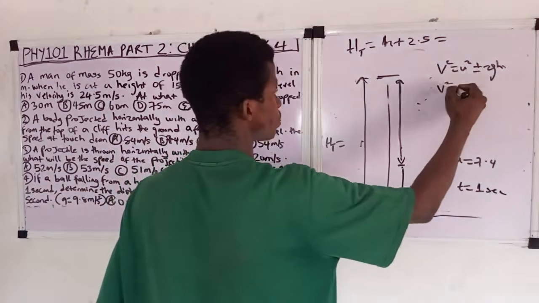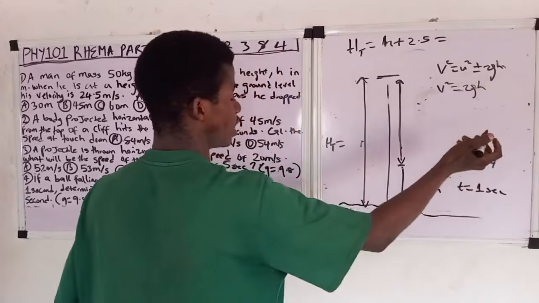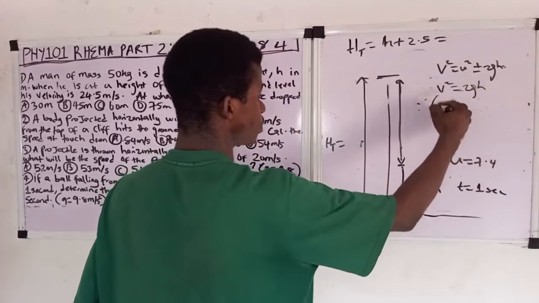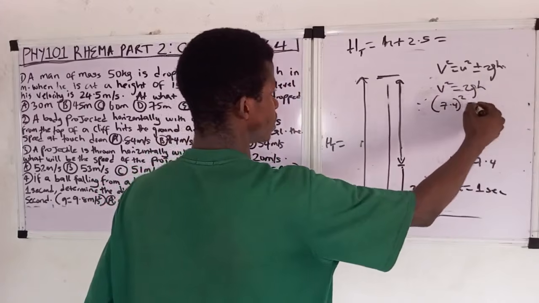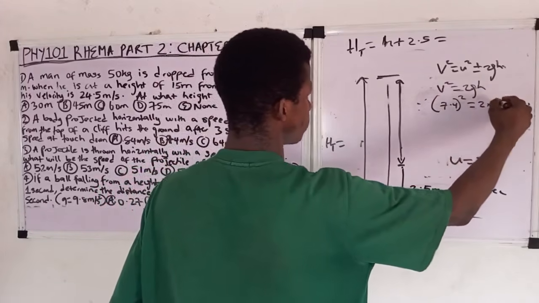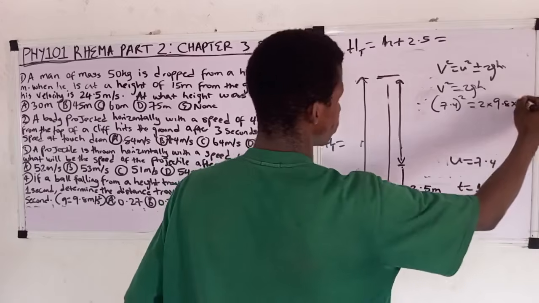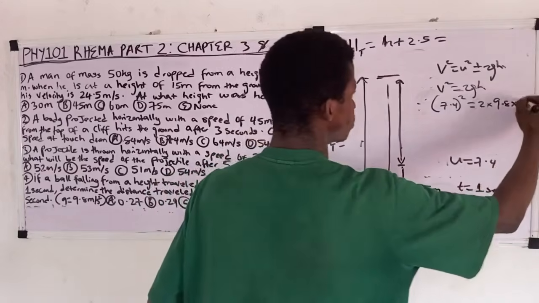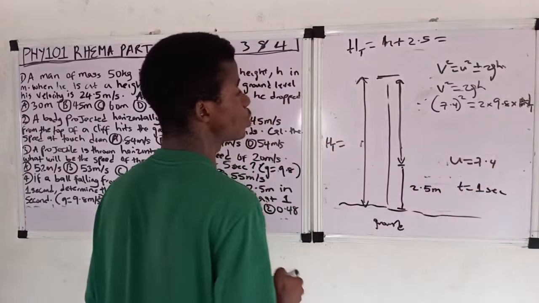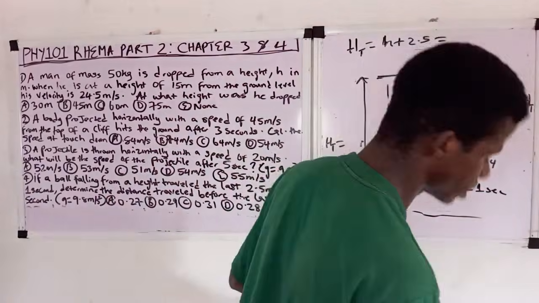So we are left with v squared equals 2gh, right? Yes. Then v is 7.4, all squared, is equal to 2 times g, which is 9.8, then times h, which is the total height. So 2 times 9.8 is 19.6.